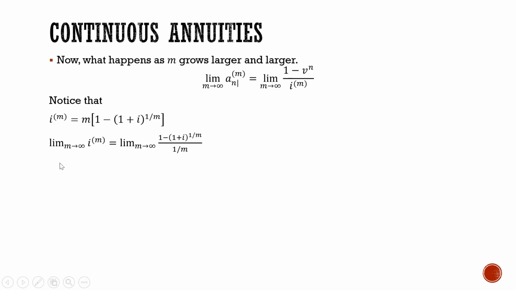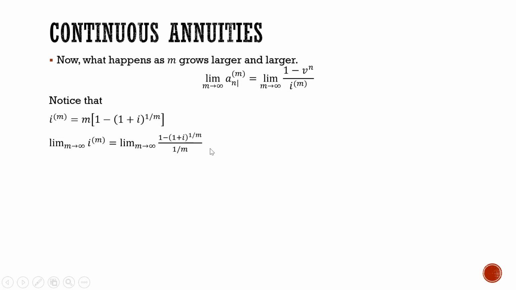The limit as m goes to infinity of i to the top script m is the limit as m goes to infinity of (1 plus i to the 1 over m, minus 1), the whole thing divided by 1 over m. The m on the numerator I flip to the denominator, so it becomes 1 over m. And we are going to consider this limit.